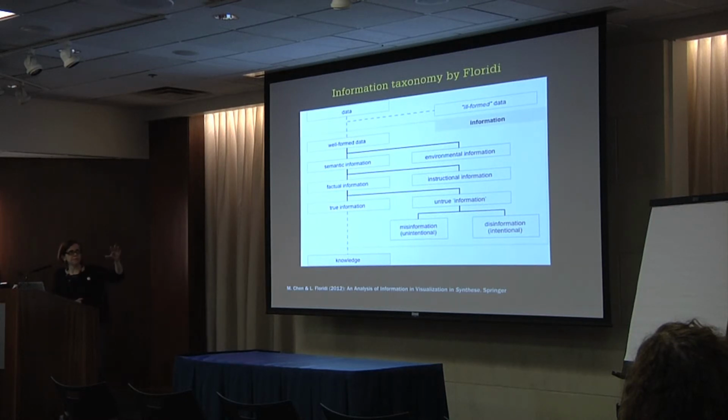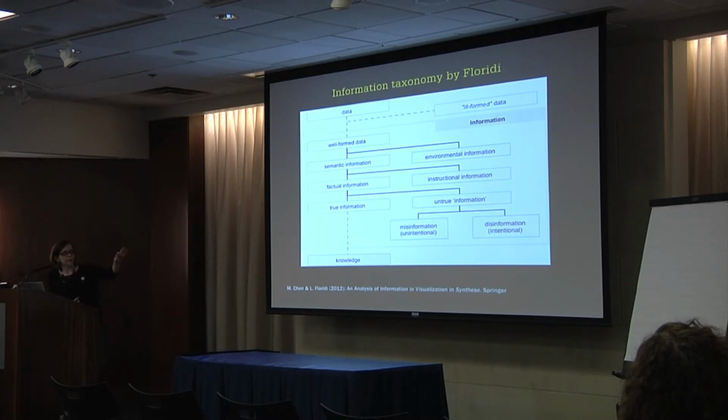And semantic is when we construct it, so it has the human connected to it, and it can be factual or instructional. For him, factual is information about something, and instructional is information for something.